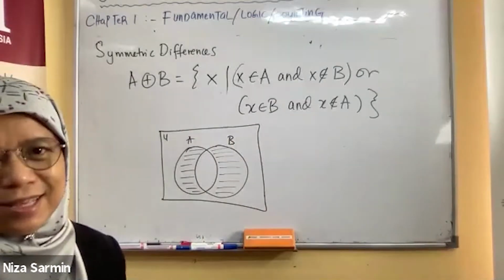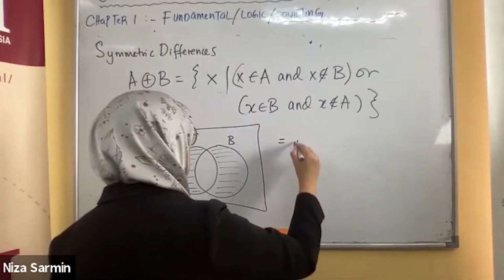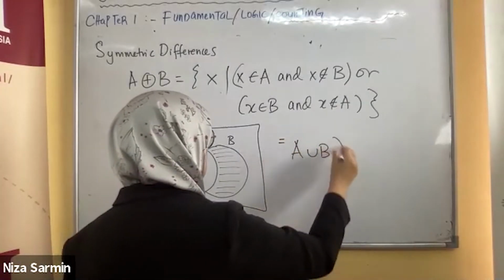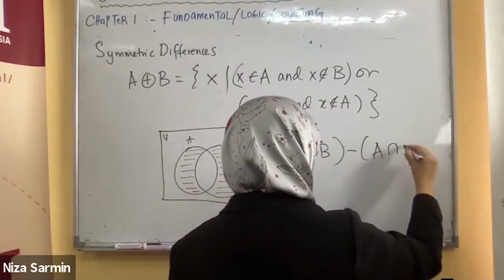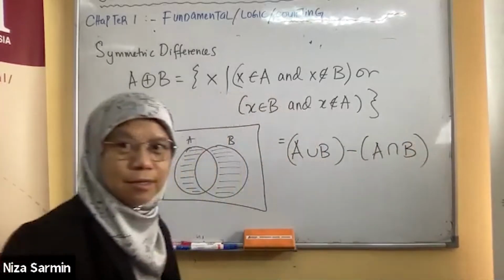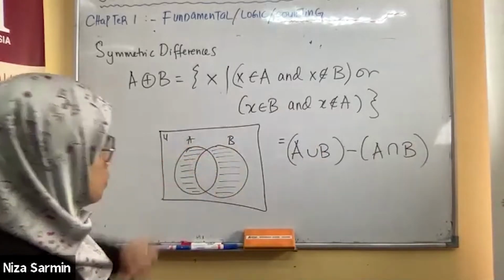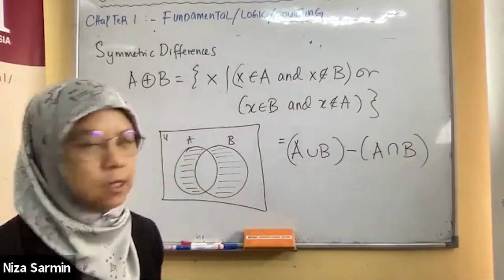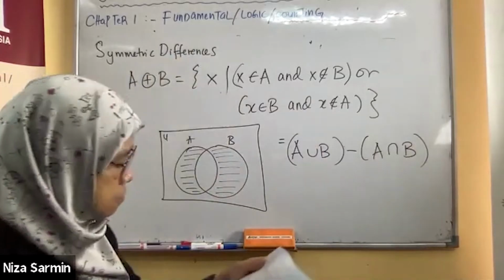You can rewrite this as equal to A union B minus A intersect B, right? A union B minus A intersect B. So this is what we call symmetric difference.